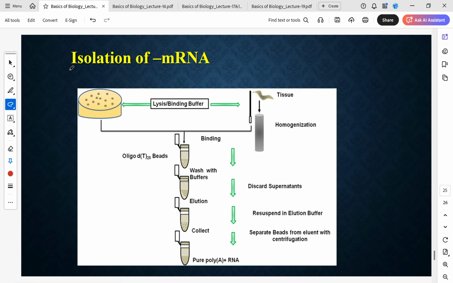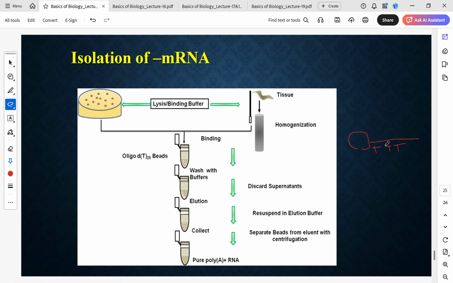So what you do is, you again lyse the tissue using a lysis buffer. Then there are oligo dT beads available, wherein the beads have a string of T's attached to them.